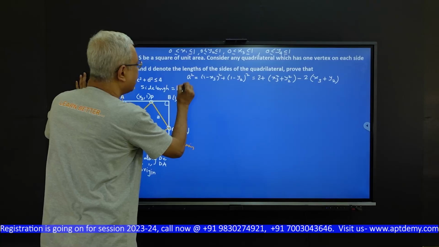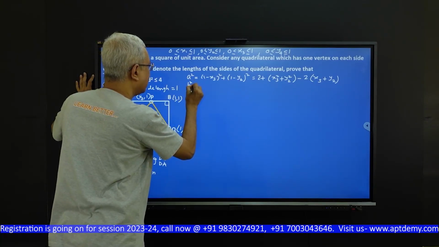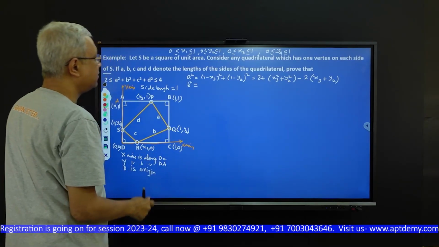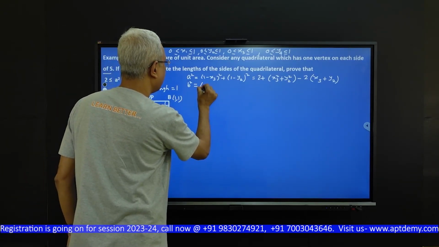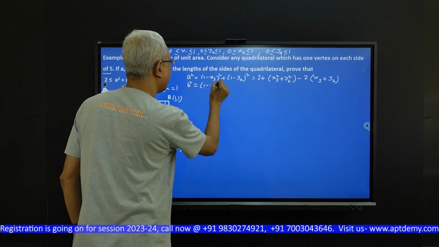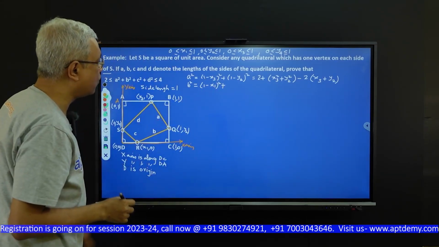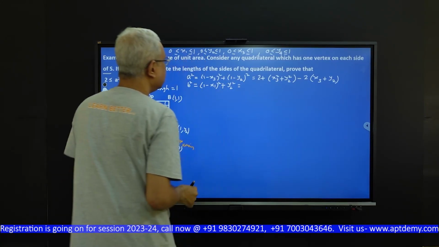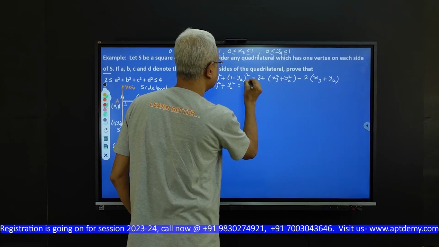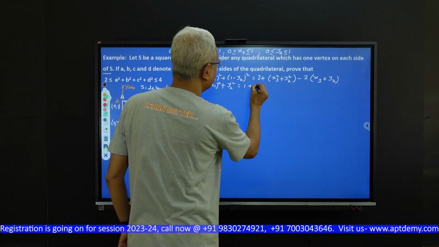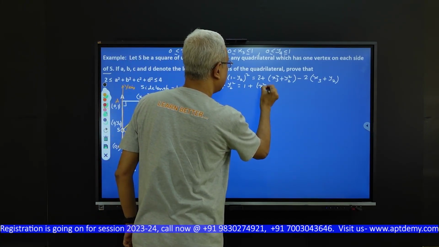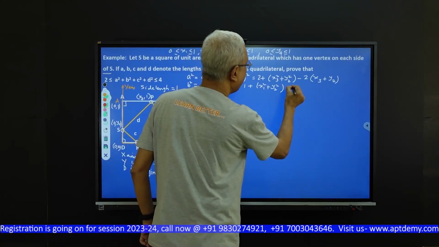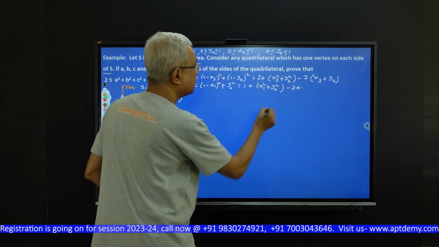b square. b square is (1 minus x1) whole square plus y2 square. So it is 1 plus x1 square plus y2 square minus 2x1.